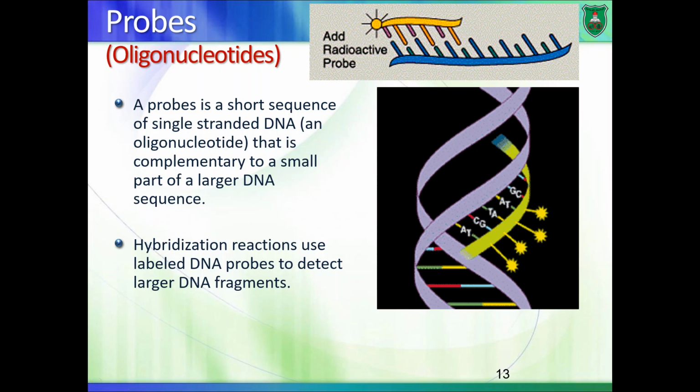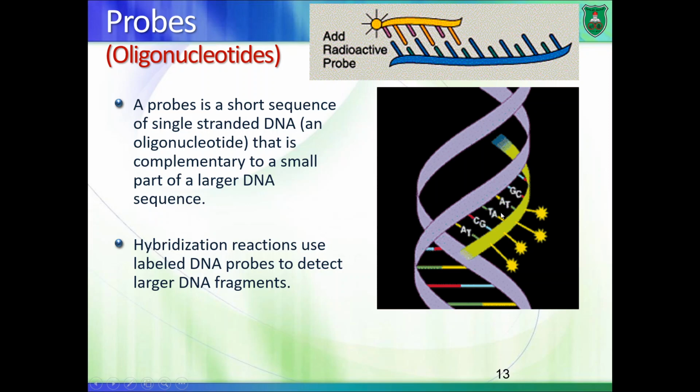Okay, so we have these probes in large quantities, and when we add them to a DNA sample, competition would take place between the probe and the complementary strand, this strand right here, and the probe. Since we have larger quantities of probes than the original large DNA molecule, the probe would win the competition, and it would hybridize with the DNA.